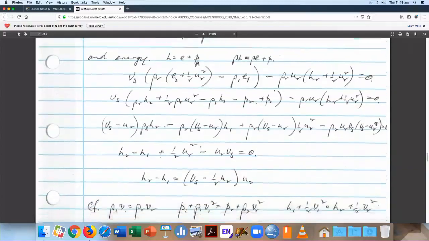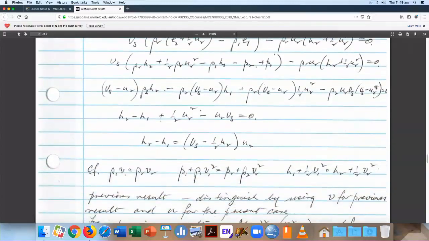And that's the same thing as the result that I had before. H2 minus H1 is a half V1 squared minus a half V2 squared. So it's the same as the previous result. So all of the previous results go forward, not surprisingly.